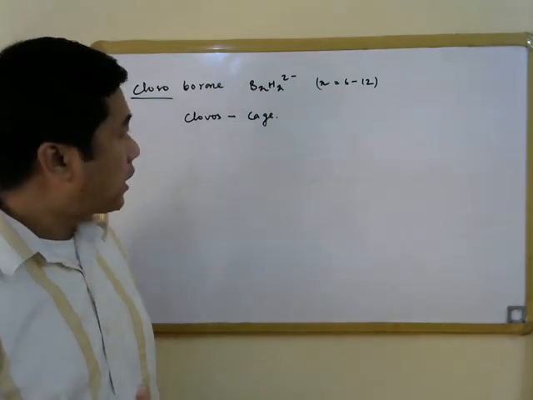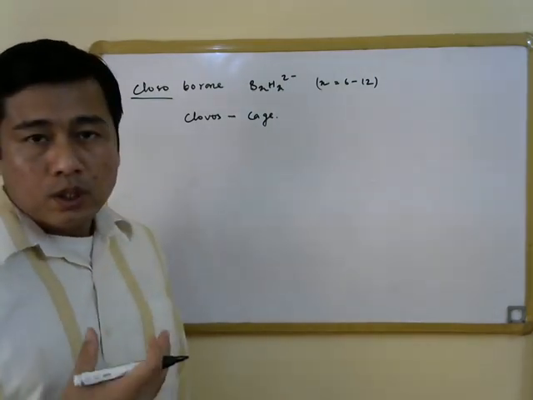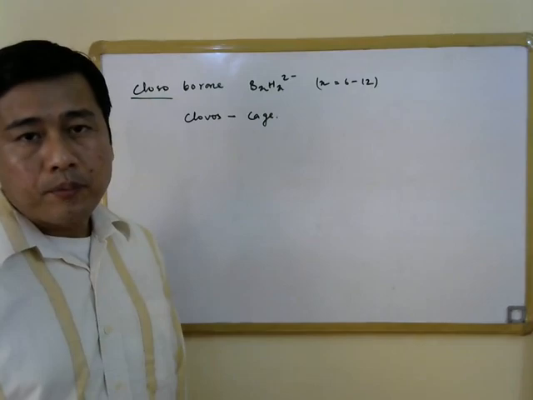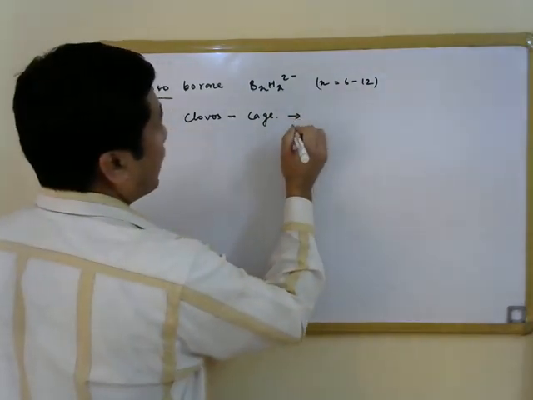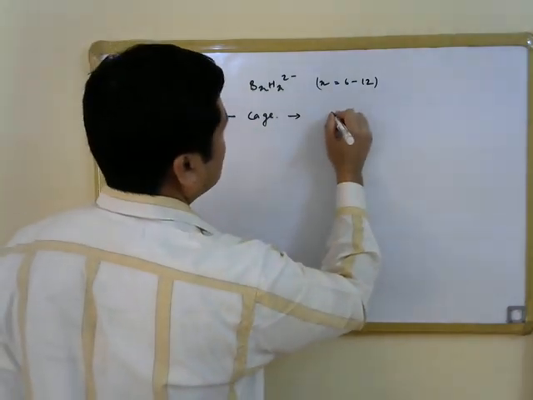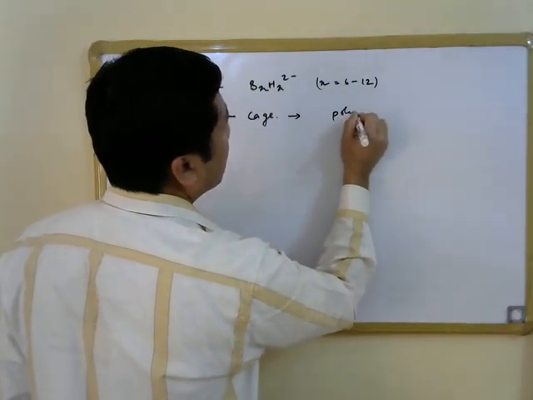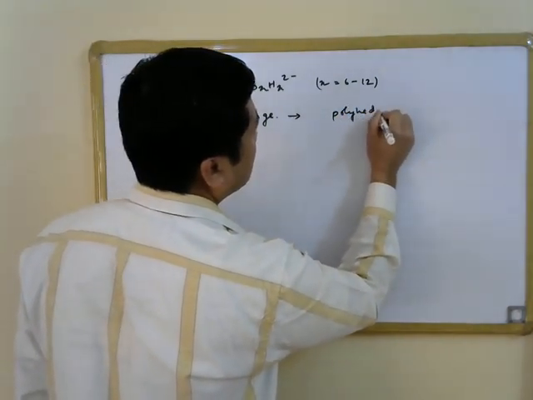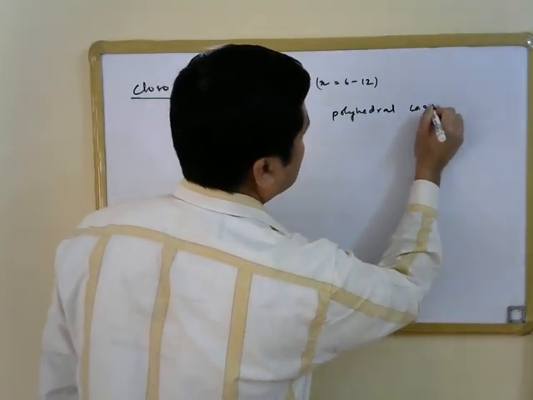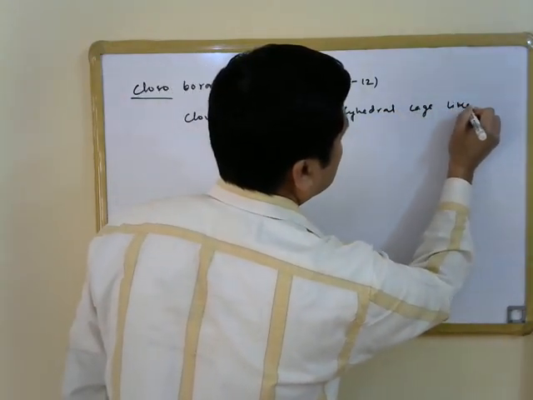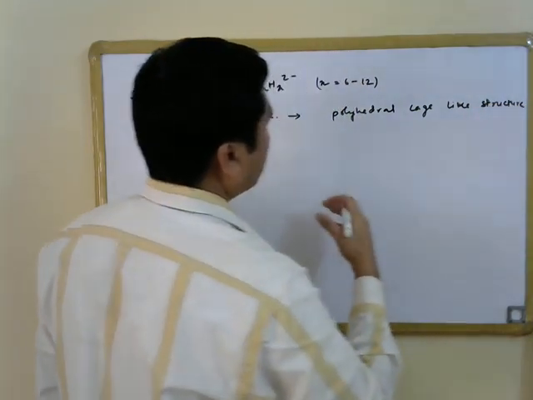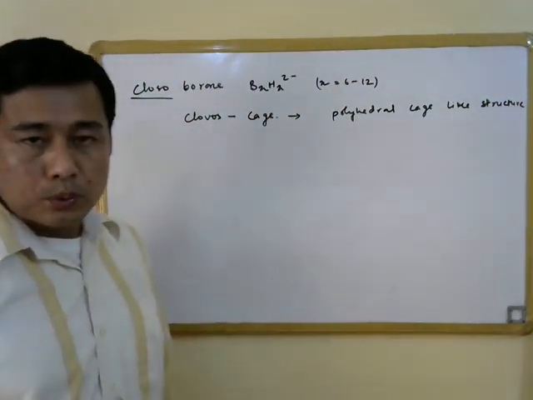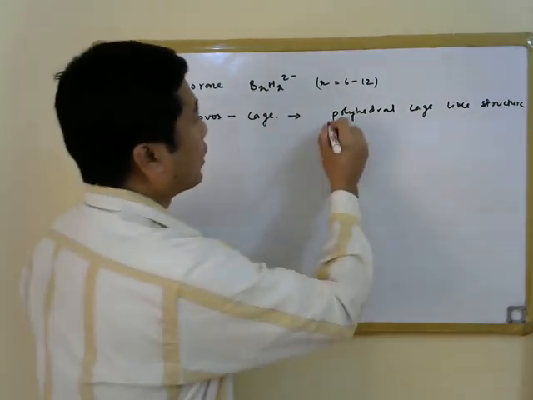So the structure of these closoboranes is cage-like, polyhedral cage-like structure. We already know what we mean by polyhedron.